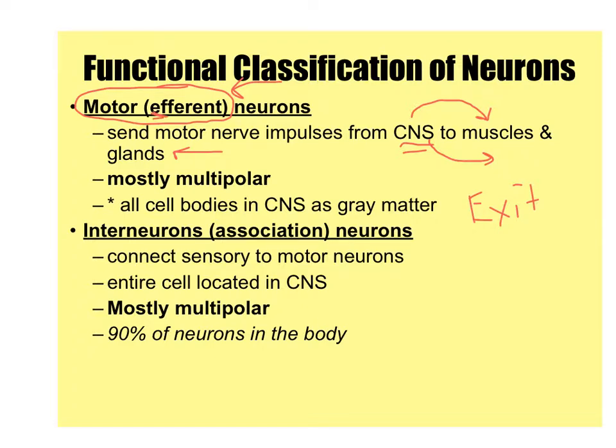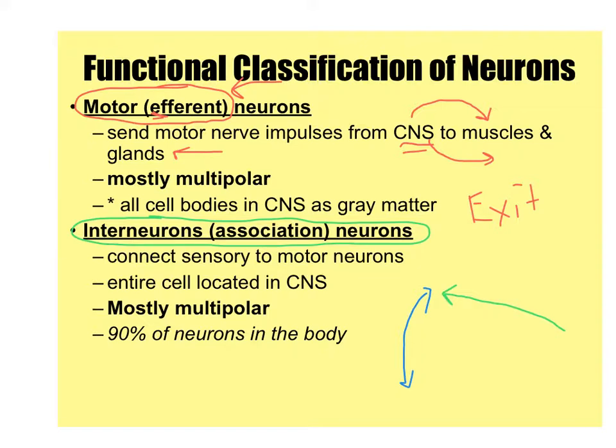And now the last type of functional class of neurons are the interneurons. So these are kind of like the in-between neurons. So sensory neurons give sensory information to the interneurons. We'll put that in blue. And that's what's in your central nervous system.